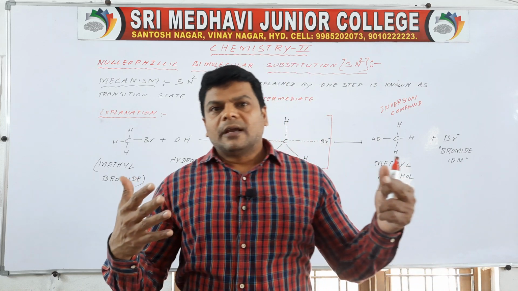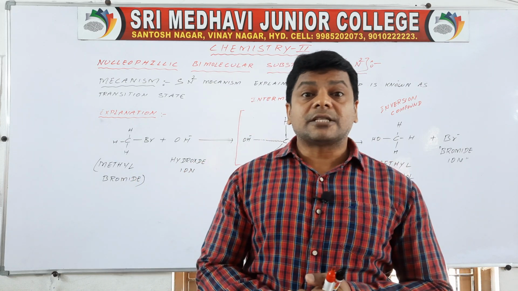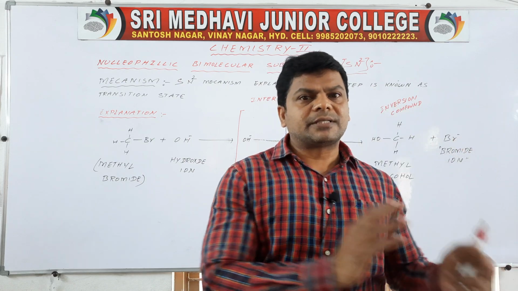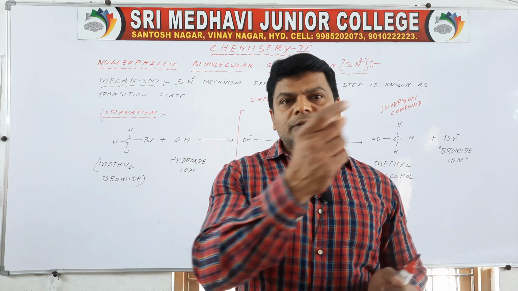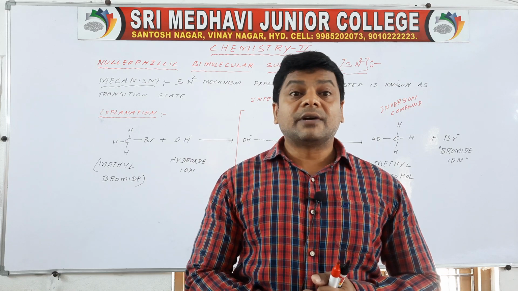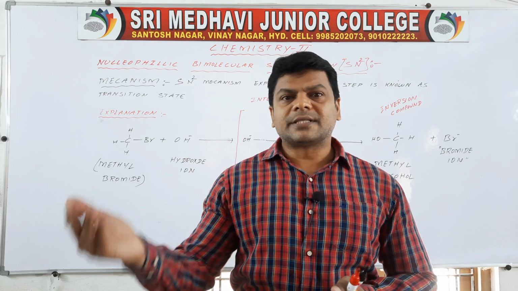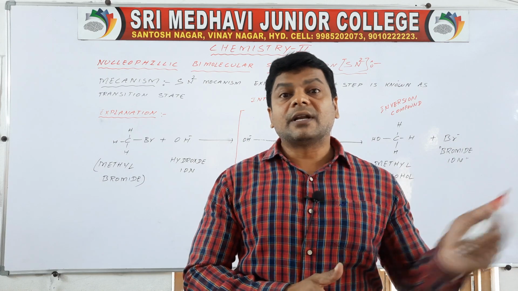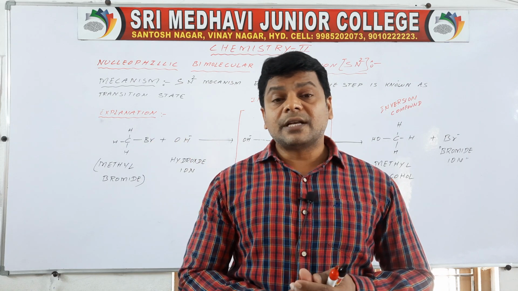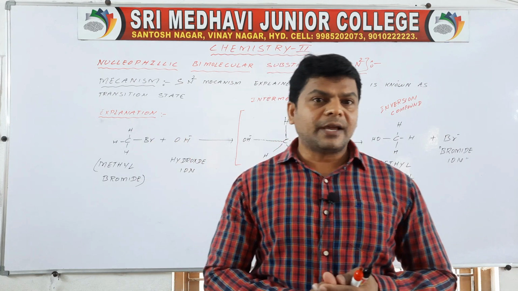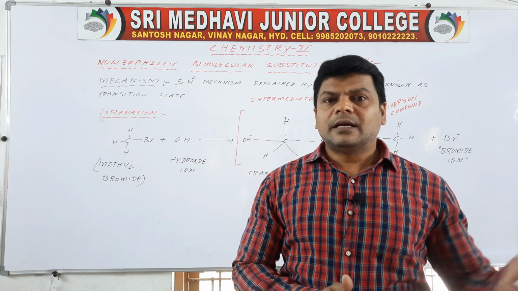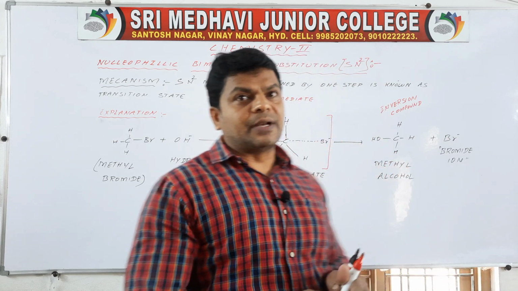If a question is asked like this, write the differences between SN1 and SN2, then write SN1 on one side and SN2 on the other. First write the definitions. Next, SN1 is a first order reaction, SN2 is a second order reaction. SN1 gives a racemic mixture, SN2 gives an inversion or Walden mixture. Then the order of reactivity, and then examples.